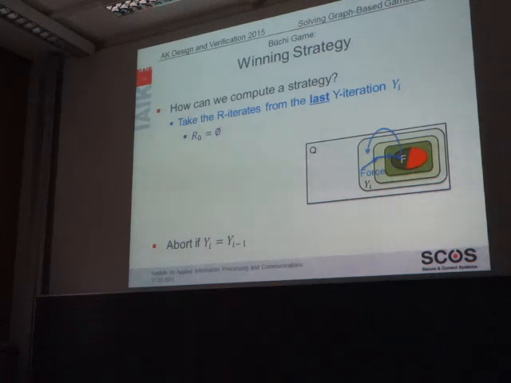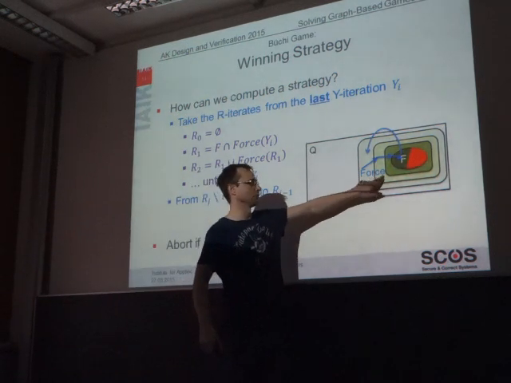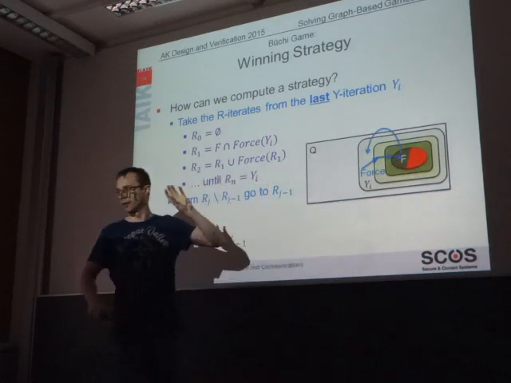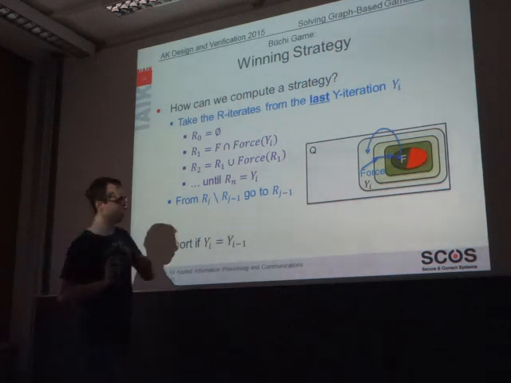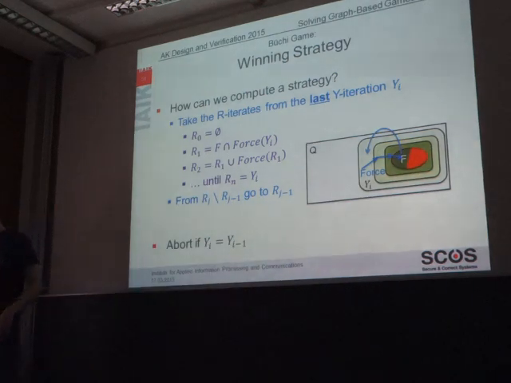And from these R values, these are the green onion rings here in this last iteration, just as we had it for the reachability game, from this green region here we go into the darker green region, from this to the next darker, and once we have reached the inner part, this is now new. For reachability games we were happy and could stop once we had reached the inner part, but now we have to do something clever. Once we have reached this inner part, we just go back to Yi. And this is always possible, because this is exactly how we computed this Yi.